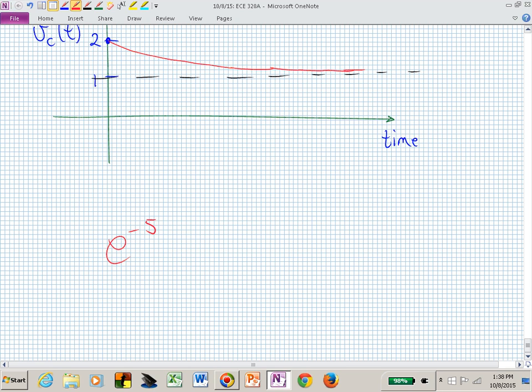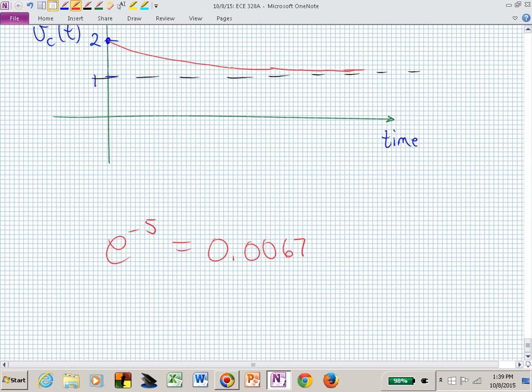You guys never cease to amaze me. I'm teasing. But what is e to the minus 5? Do you have a calculator there? e to the minus 5 is 0.0067. You don't need any more than that. I'm not putting this into Mastering, so I'm just going to use 2 significant digits. You may need more than that.